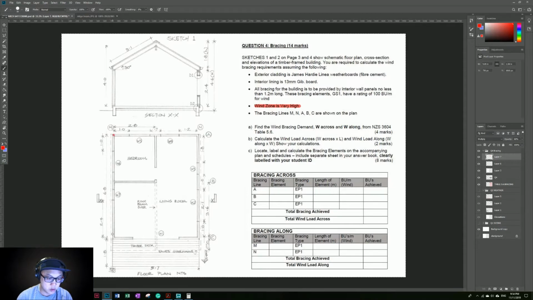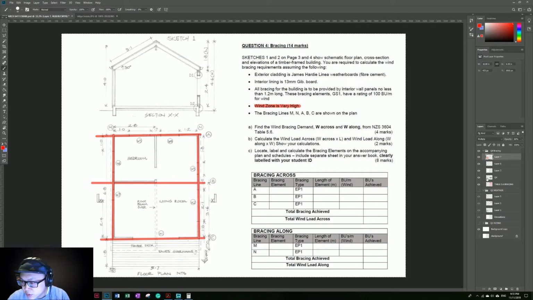So that's 1 bracing line. N. Then we get the A. So it's this one. B. And C. Find the bracing demand W across and W along from the table.